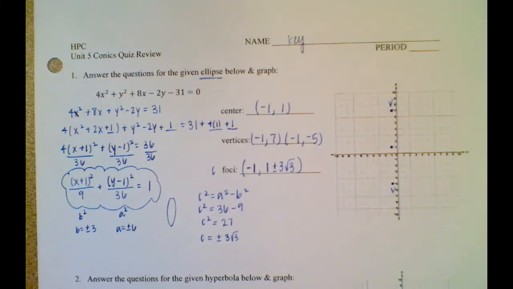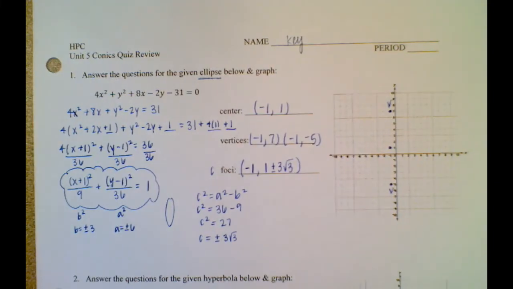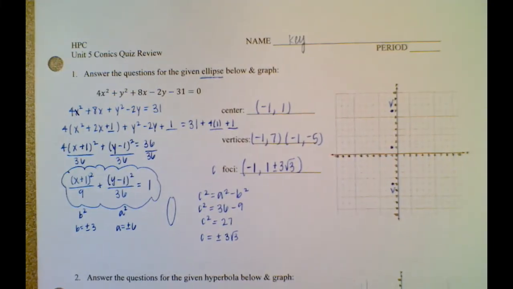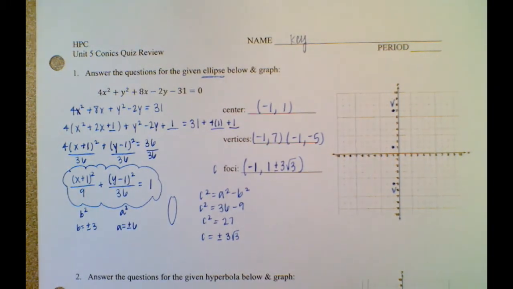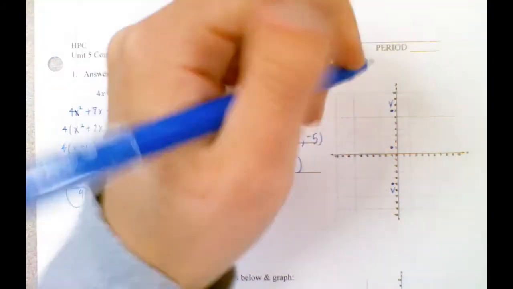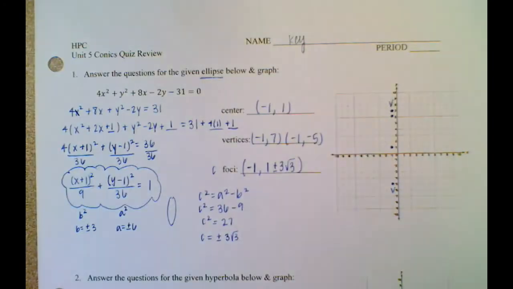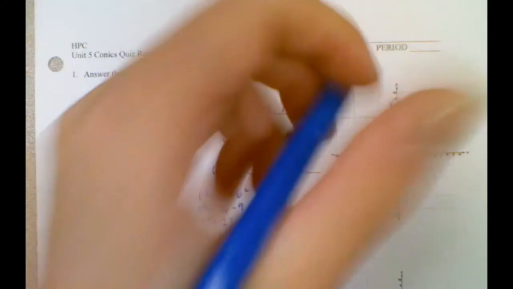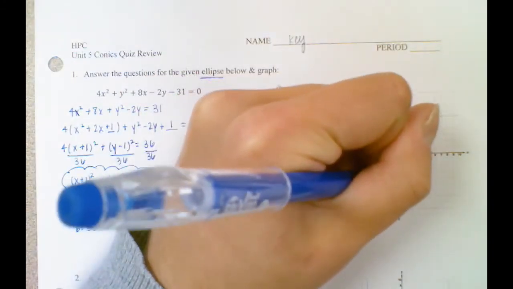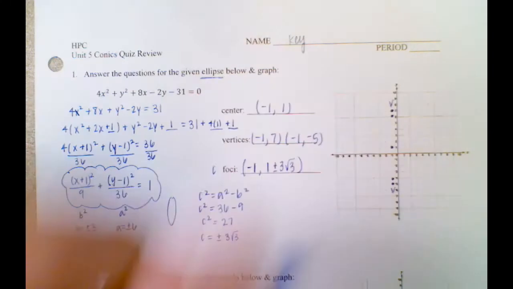Okay, so let me real quick figure out, 3 square root of 3, that's about 1 plus that is 6.2 about. So like right here would be a foci, and 1 minus 3 radical 3 is negative 4.2-ish. So that would be my other foci.